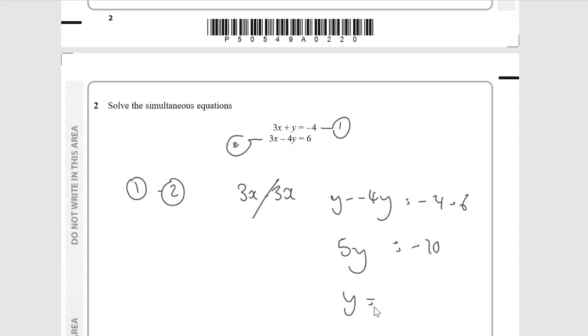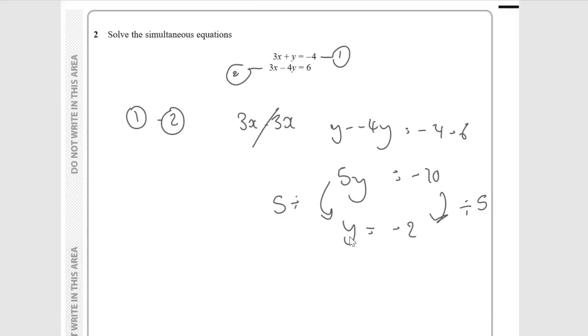So y equals minus 2 because we divide by 5. And then we have y going back into either one. Let's put it into equation 1, so 3x plus minus 2 equals minus 4.